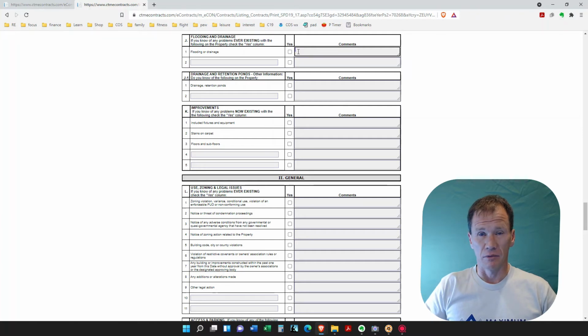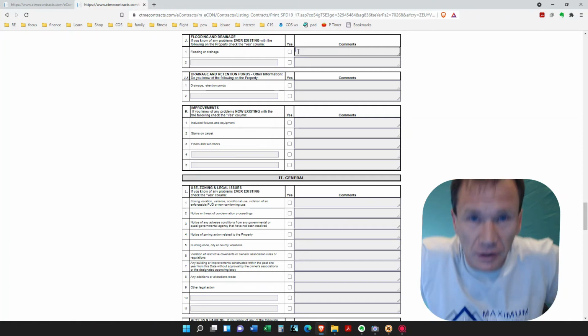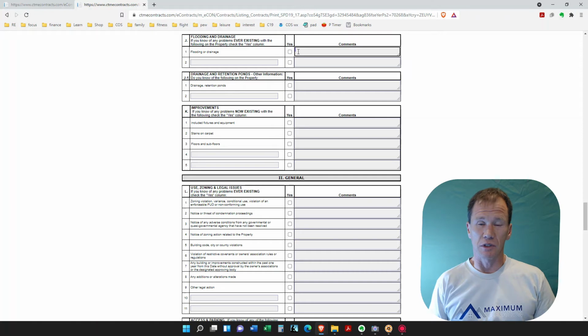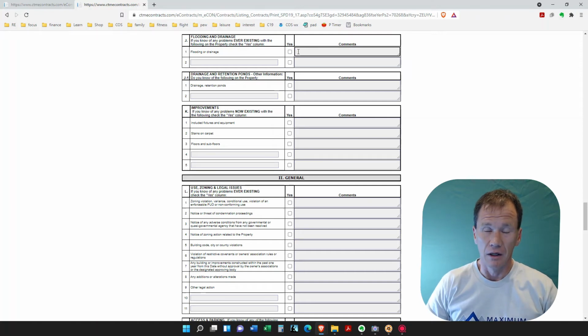They completely remediated and replaced everything. And a month or 2 later, that house was as good as new or better. That's still going to be checked. Yes, there was at some point a flooding or drainage problem. Then you explain it.